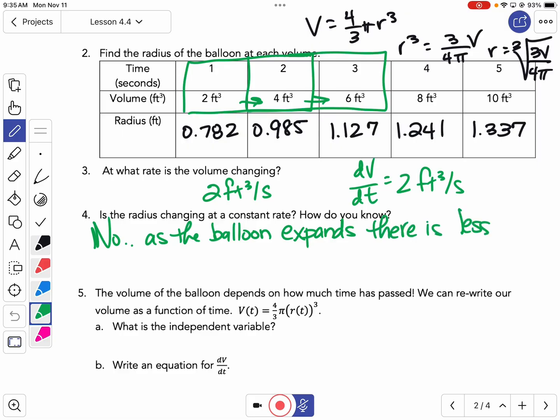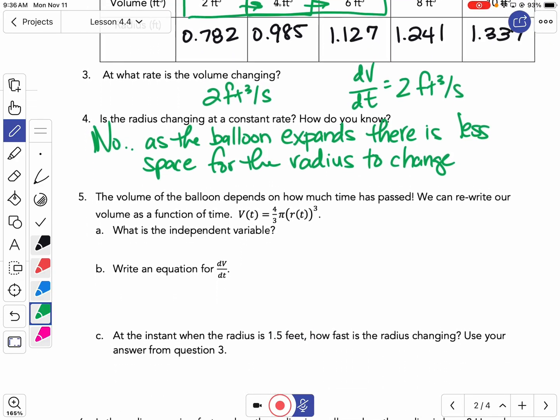So this was more common sense than mathematics. Not to overcomplicate it, but we could actually look at the difference in the radii and notice it gets smaller and smaller each time. So now let's get mathematical.